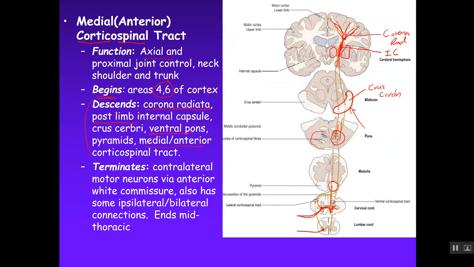So that's why when you have damage like a big stroke in your brain, their arm and leg can be totally limp and not working, but they can still have reasonable trunk function. They may have a little bit more weakness on the right side of their trunk, but it's not totally gone.